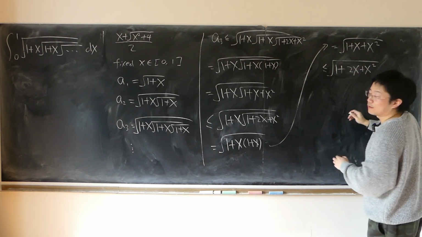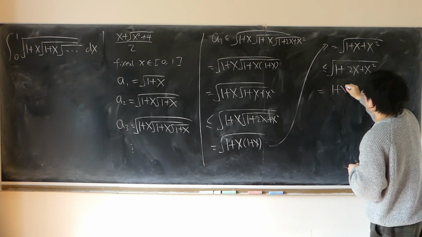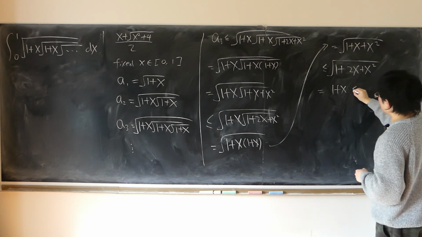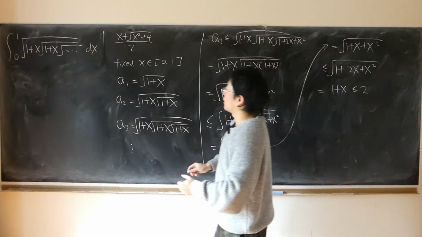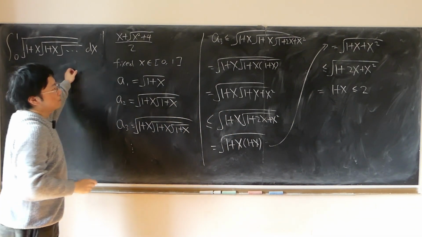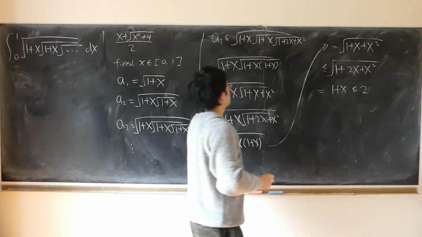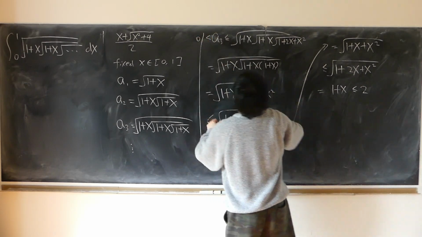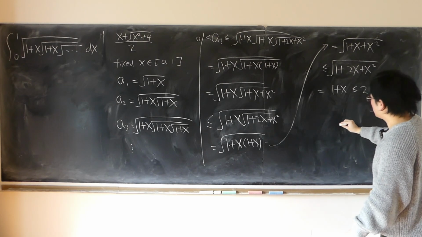This is fine, equal to the square root of 1 plus x, no larger than 2, because x is no larger than 1. So a3 is no larger than 2, and bigger than 0. No problem.